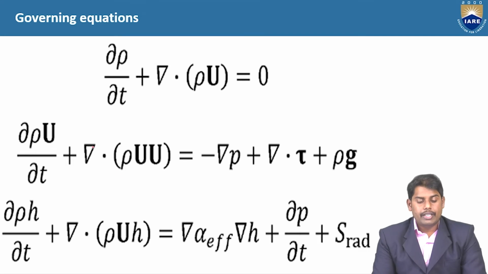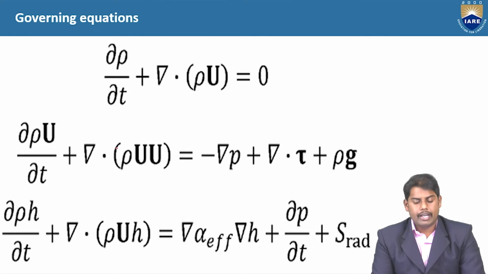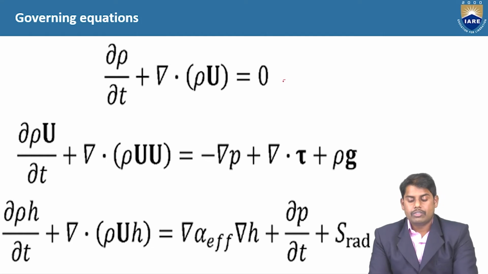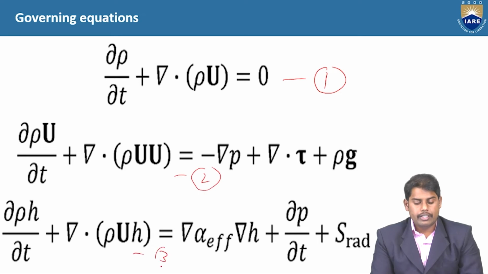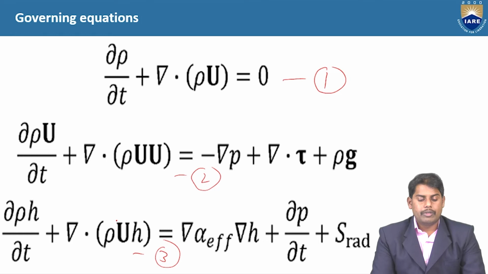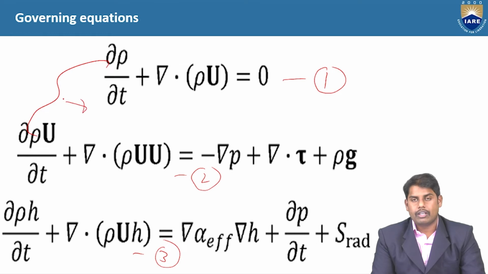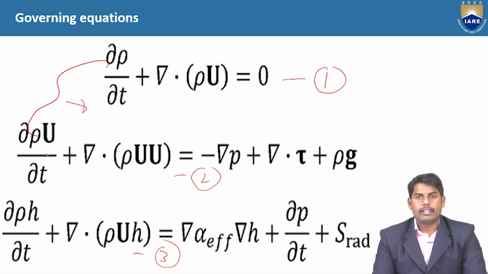These three are the major governing equations which govern the fluid flow phenomena, whether it is an internal flow, an external flow, a micro flow, or a heat transfer problem. The first is the continuity equation, the second is the momentum equation, and the third is the energy equation. The continuity and momentum equations are used for incompressible flow problems, where the density is constant.